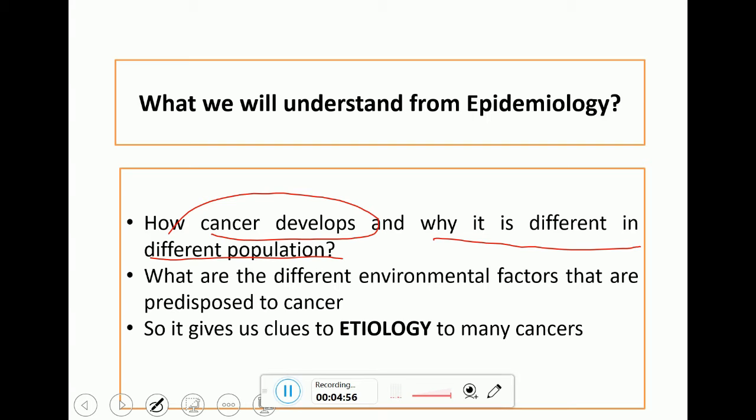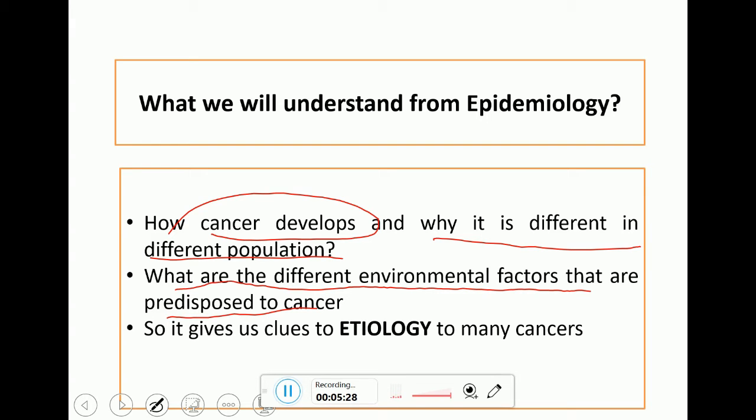What else can we understand? We will understand the different environmental factors that predispose to cancer. We all know that cancer is a group of diseases, but environmental factors play a crucial role in its development. The cancer genes are already present in all human beings, but not all human beings develop cancer because they are not exposed to the particular stimulants or environmental factors that activate those cancer genes.